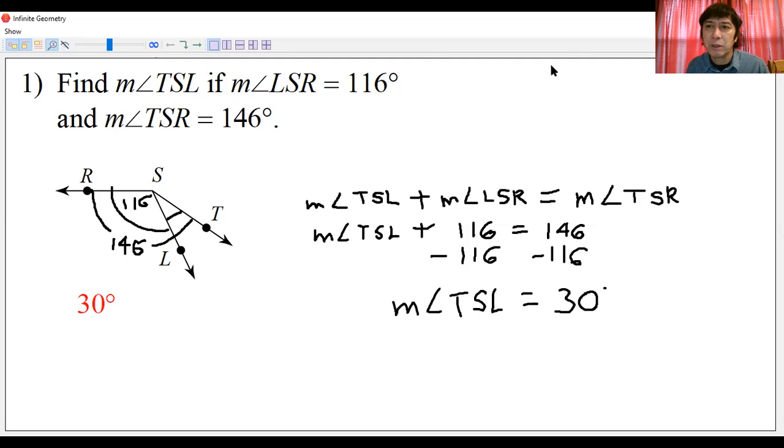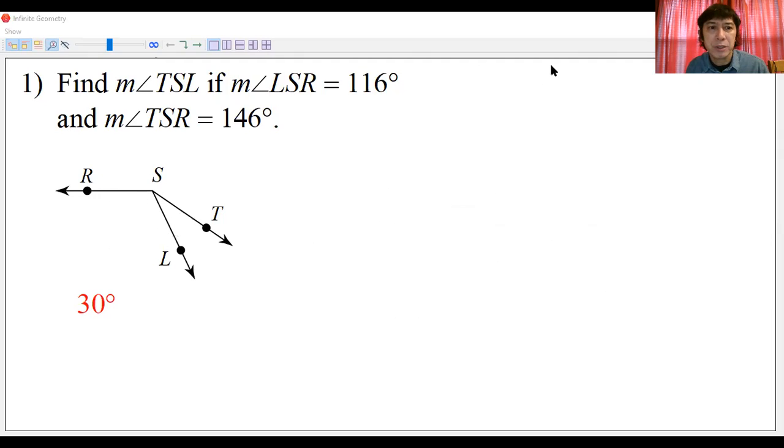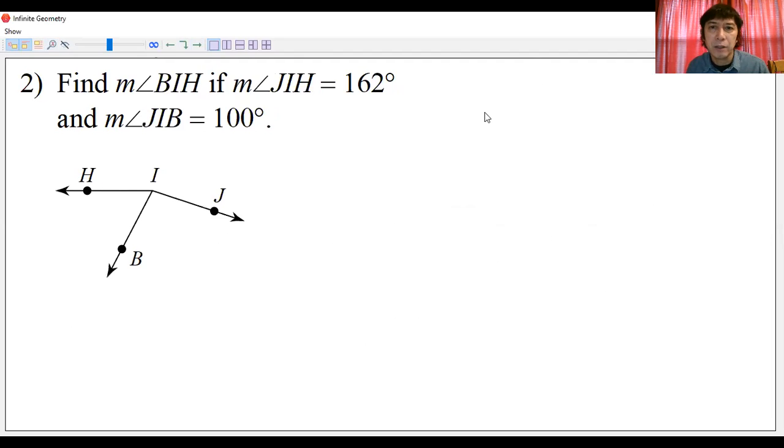All right, we shall do the second number. We'll clear this out, and then we go to the next problem. Okay, here's the next problem. Find the measure of angle BIH if the measure of angle JIH is 162 and the measure of angle JIB is 100. Let's examine the diagram.